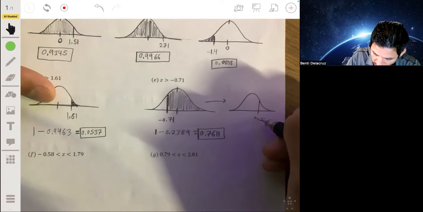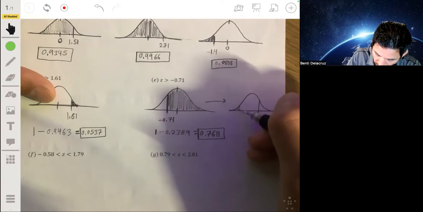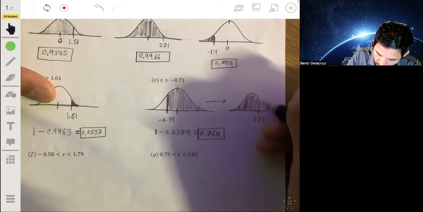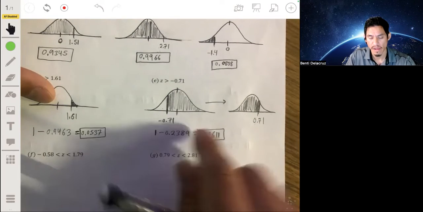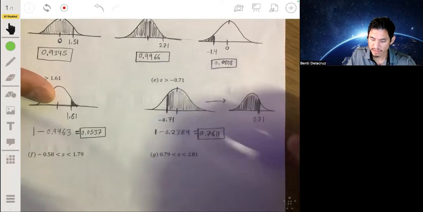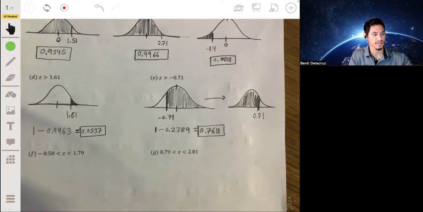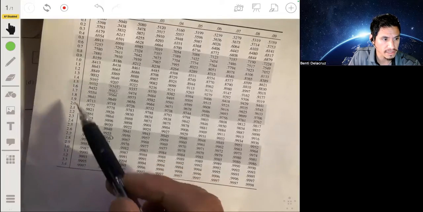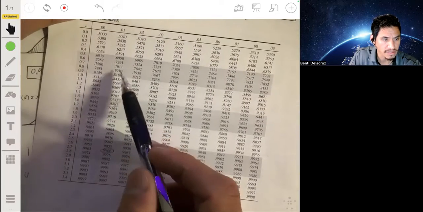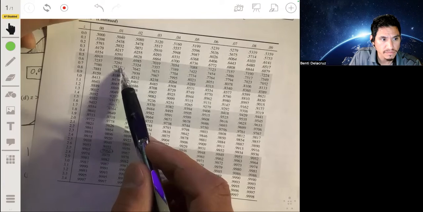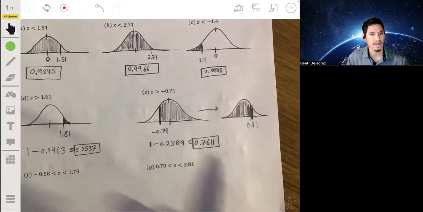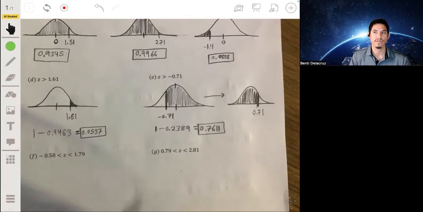If I want to find the area to the right of negative 0.71, that would be the same as the area to the left of 0.71. Because again, it's symmetrical. So I could actually just go straight to my table and go to 0.71. And you see I get the 0.7611. So either way is fine. It doesn't matter how you want to solve these problems. Just make sure you understand what you're doing.